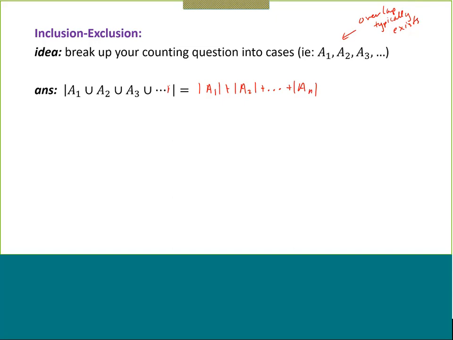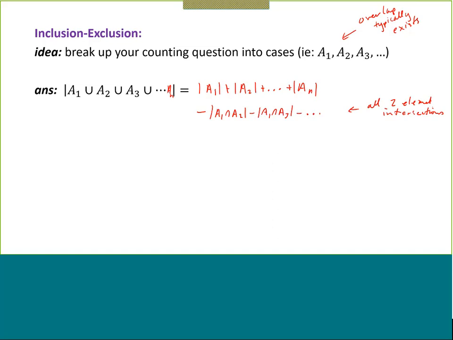So maybe here we have an n. Okay. Then you subtract all the 2 element intersections. So you keep on going, all of the 2 element intersections.